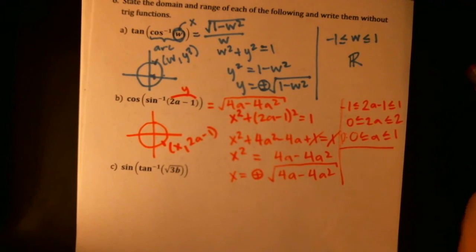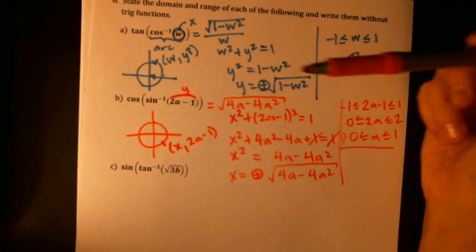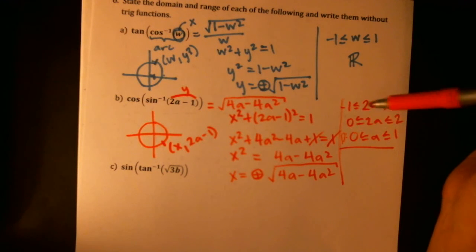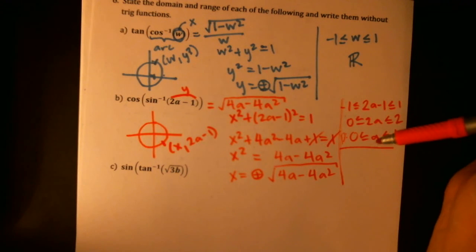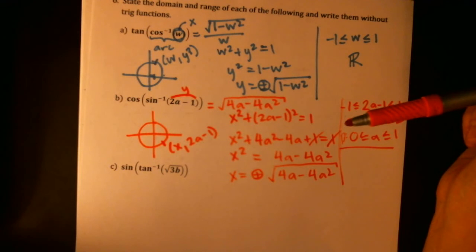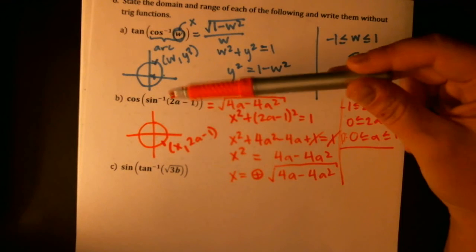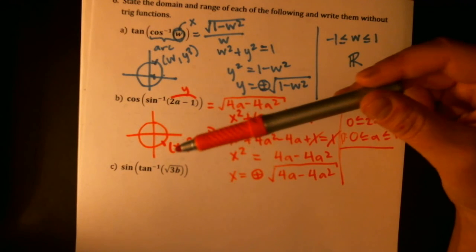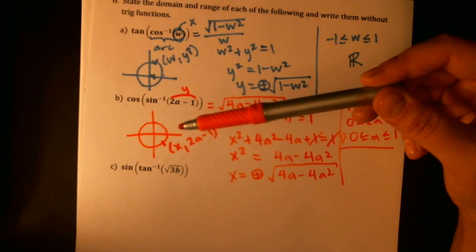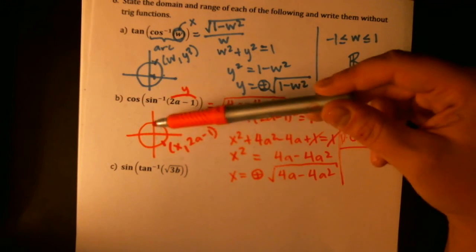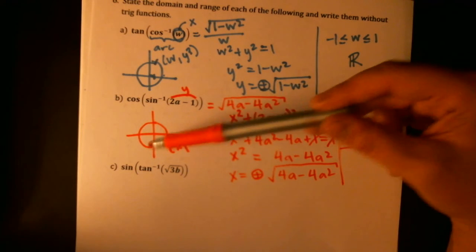For the range, we forced ourselves, let's see. By plugging in a's between 0 and 1, we should actually get all possible y values between -1 and 1. And then we're looking at, if our point can move anywhere on this half of the circle, what x values can we get?